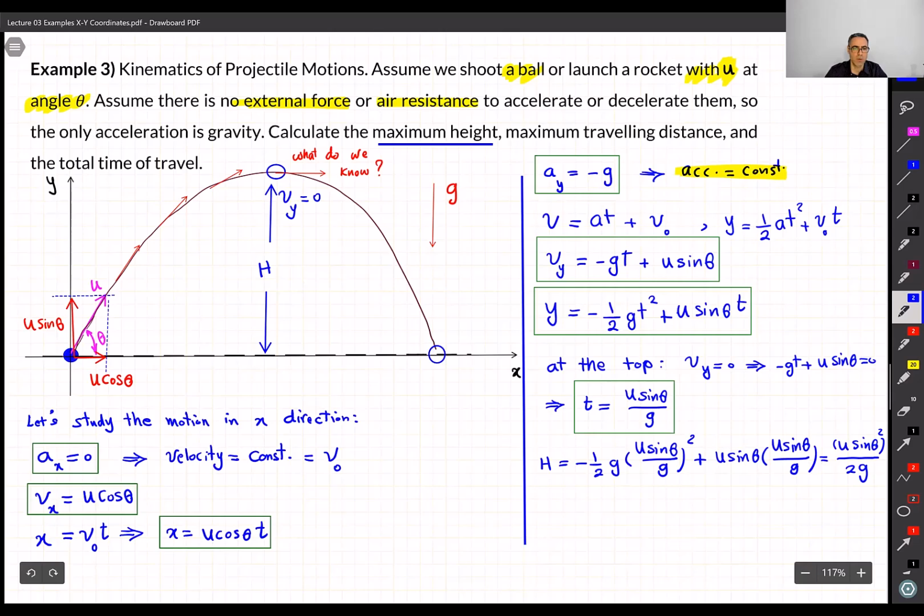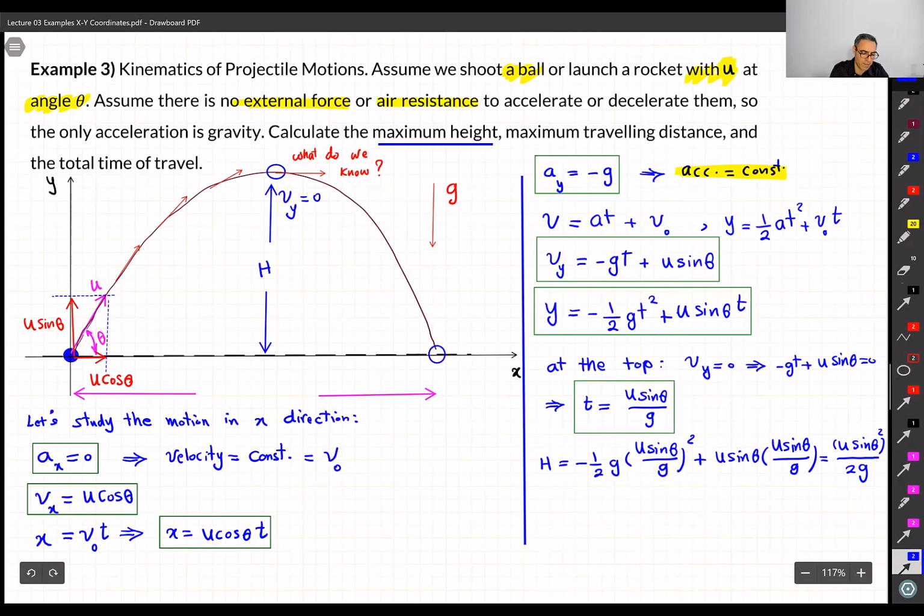Okay, so let's also figure out the distance that this ball is going to travel as well. We are curious to know how far this ball is going. How can we solve that? So we want to find out this distance. Any idea how we can solve it?